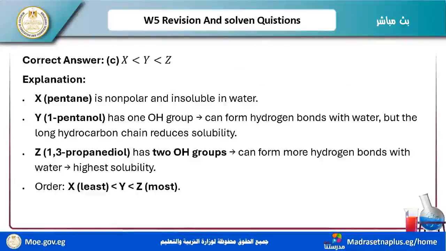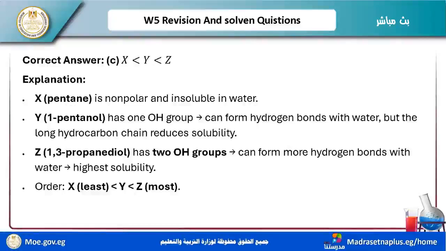Y, 1-pentanol, has 1 OH group and can form hydrogen bonds with water, but the hydrocarbon chain reduces solubility. Z, 1,3-propanediol, has 2 OH groups that can form more hydrogen bonds with water, so the highest solubility.